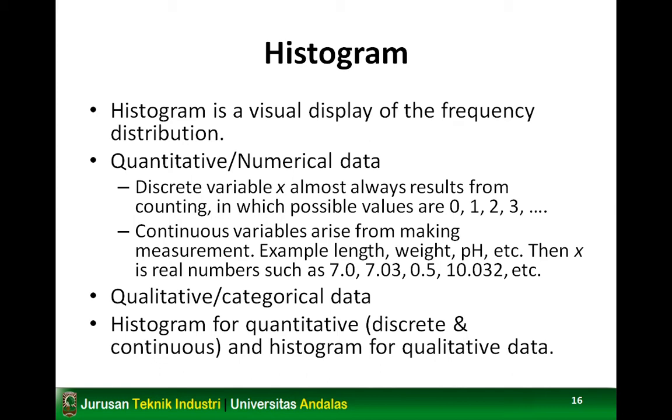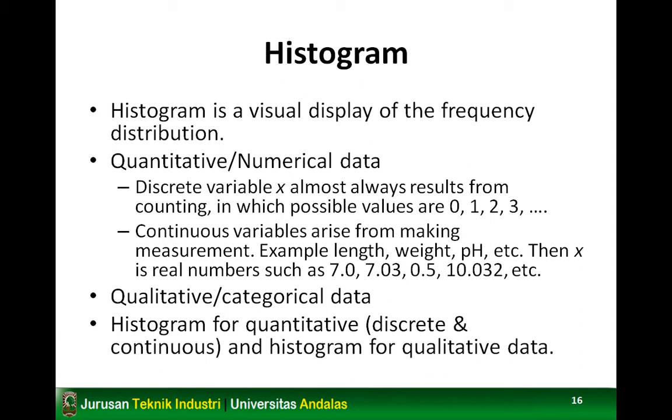An example of continuous data is the weight, volume, and temperature. They are examples of continuous data. The histogram can be used for both. We can use histogram for continuous data, and we can use the histogram for discrete or counting data.